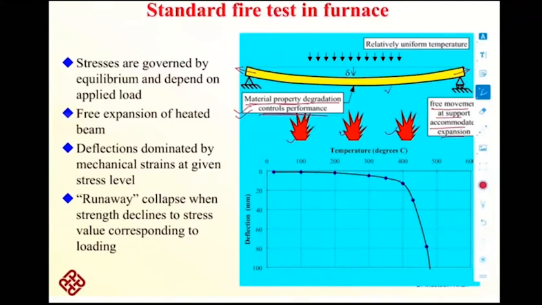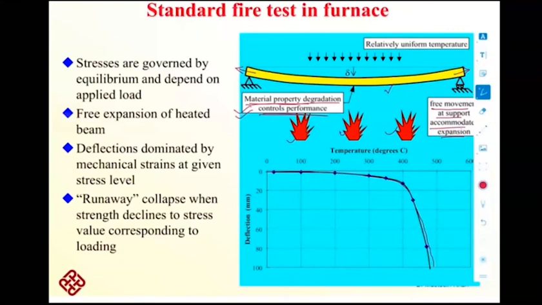As this is a steel beam and this is its temperature deflection curve, as you can see here. I think you may be aware that the properties of the steel start degrading after the temperature of 400 degrees Celsius. Up to 400, the yield strength, the capacity to take the load of steel remains the same. It is not affected. Once the temperature of 400 is met and you increase the temperature beyond 400, the properties of the steel, the yield strength in particular, start to decrease at a very fast pace.